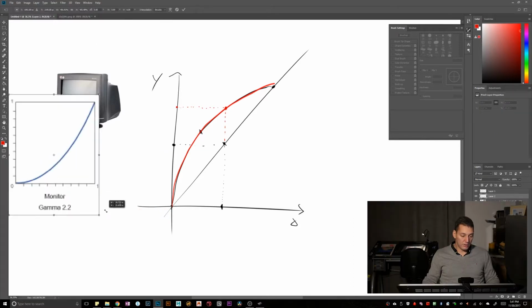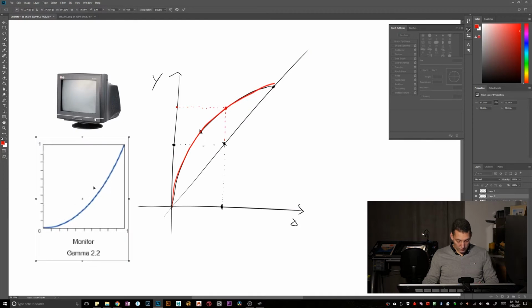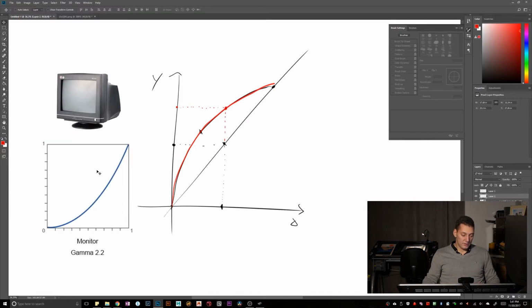We put here our CRT monitor gamma 2.2, which has this sort of slope, this sort of graph. And as you can see, it means that you need a different amount of electricity to drive the brightness of the pixel, according to whether the pixels are dark or bright.